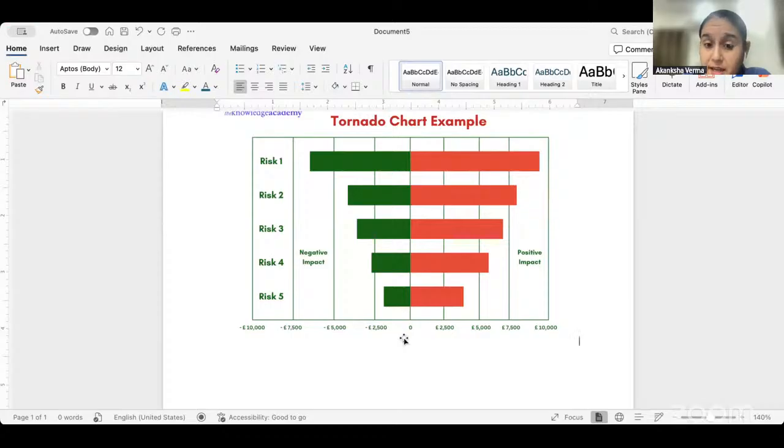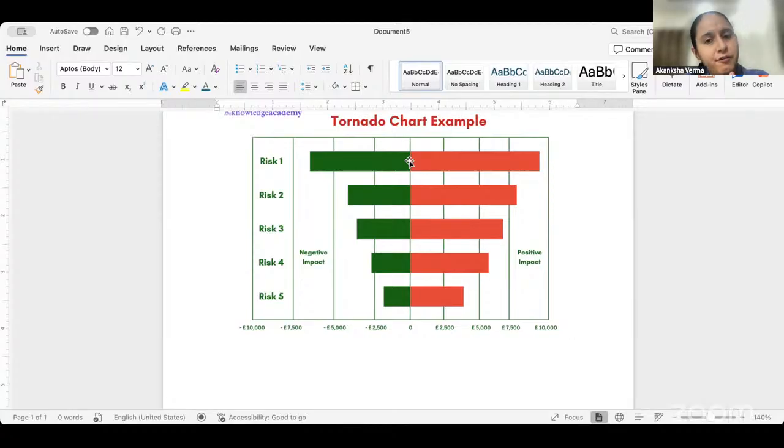That is your base case result, and the variation of each parameter is plotted on a horizontal bar graph. You do one-way sensitivity, plus or minus, for your key variables, and then you plot it on your bar graph to create a tornadogram.